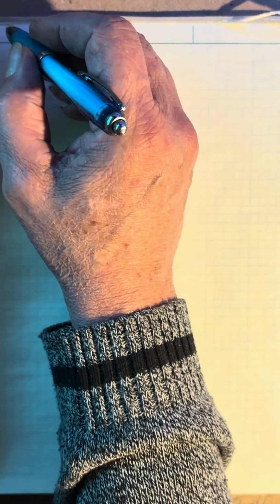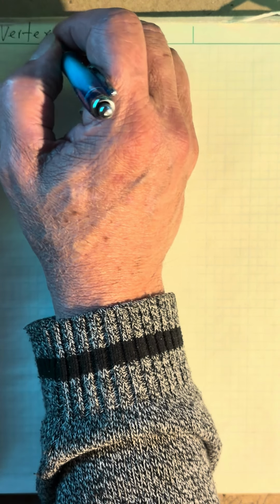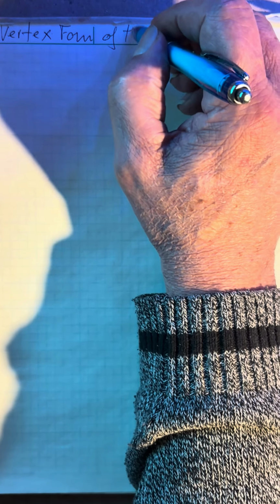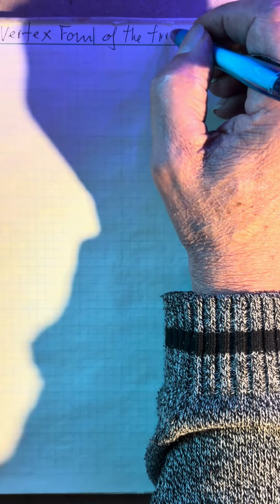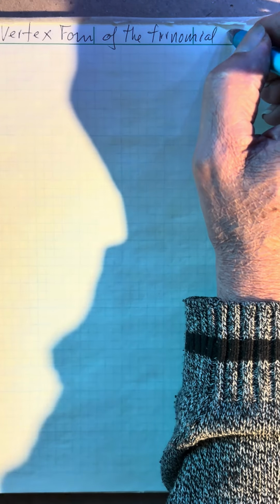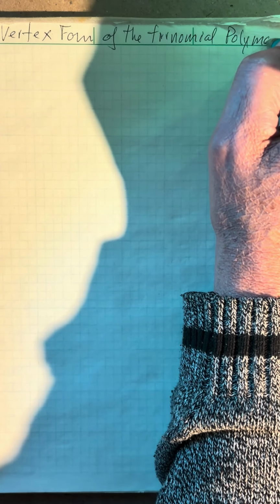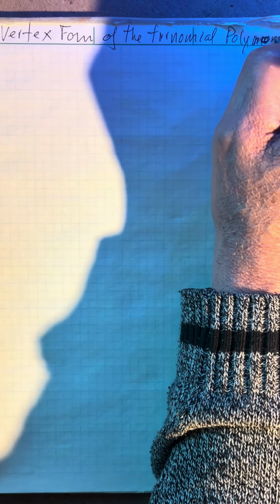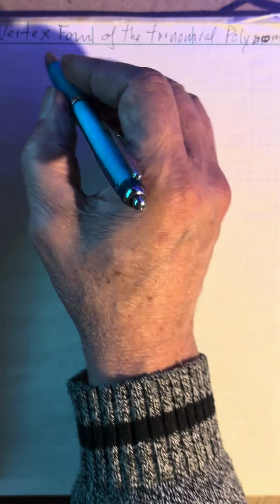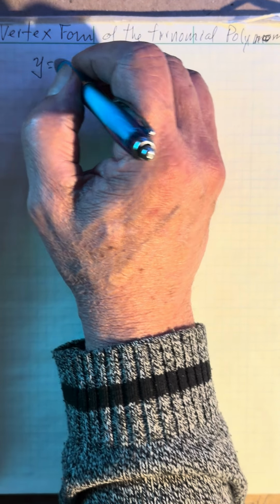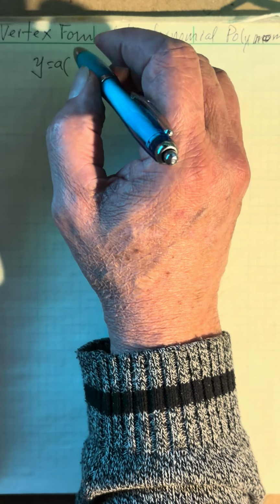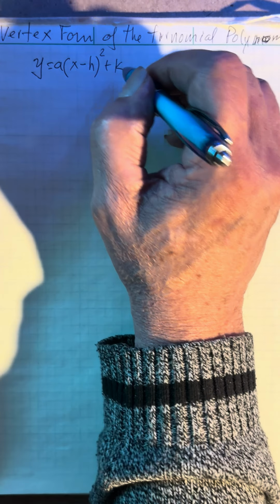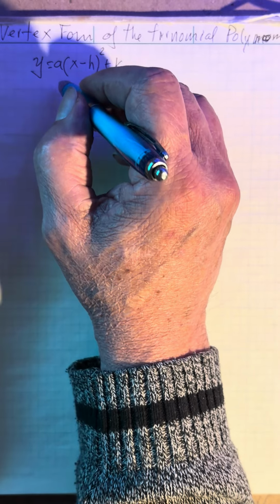This video is about the vertex form of the trinomial polynomial, which is y is equal to a times parenthesis x minus h squared plus k, where a is the coefficient.